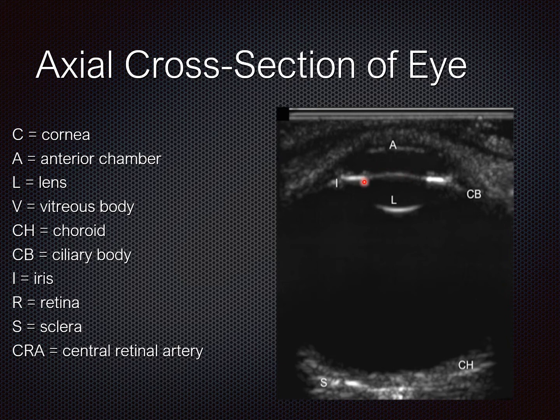So again, you can see most of the eye is fluid filled, so it's anechoic. In the near field, closer to the probe, you have the anterior chamber. You have the lens, where the outline of the lens is visible as a hyperechoic rim with the ciliary body anchoring it to either side. And then the retina down here in the far field, posterior chamber.